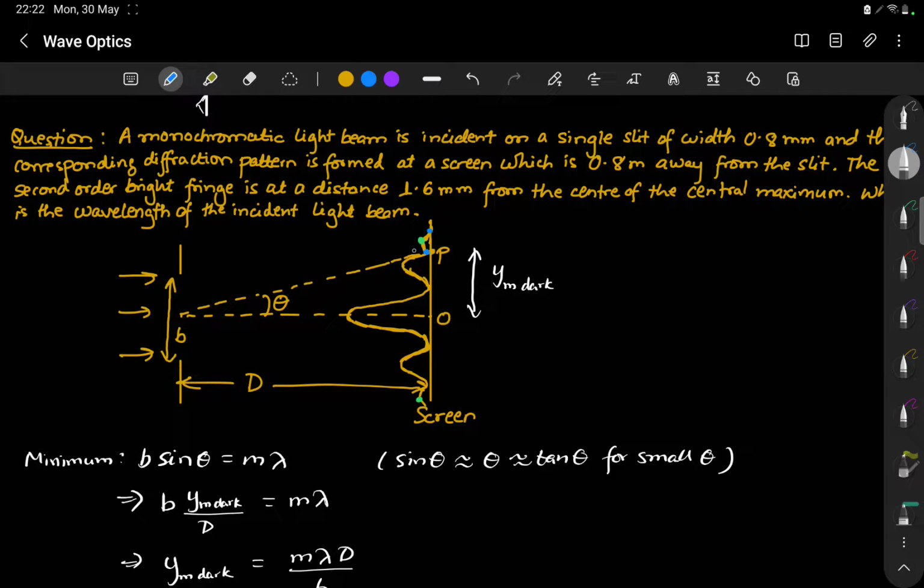This right here is second minima, this here is third minima, and this green point is second maxima.